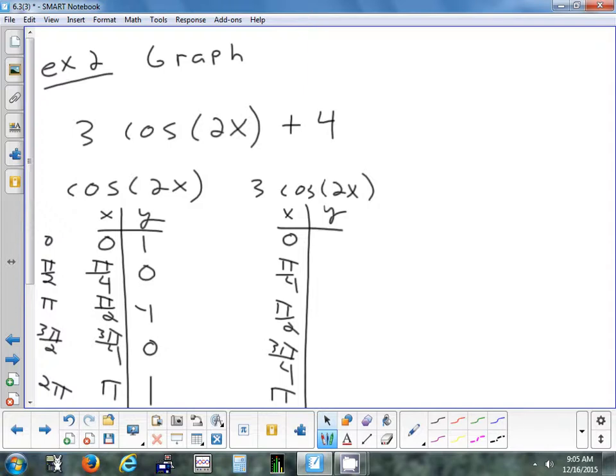Right. Nick, what do I do to all these y values? So what number are we working with that's going to affect the y values now? Not the 2. The 3.